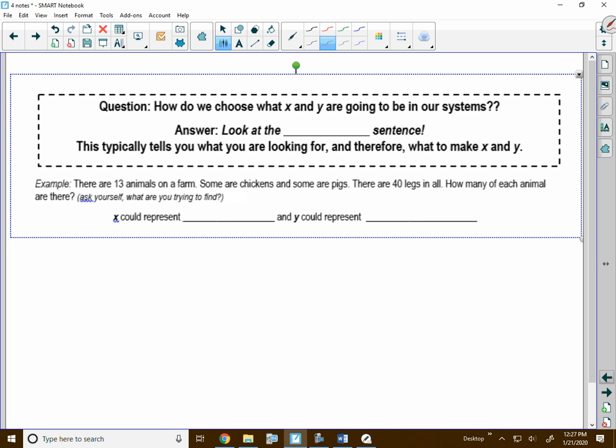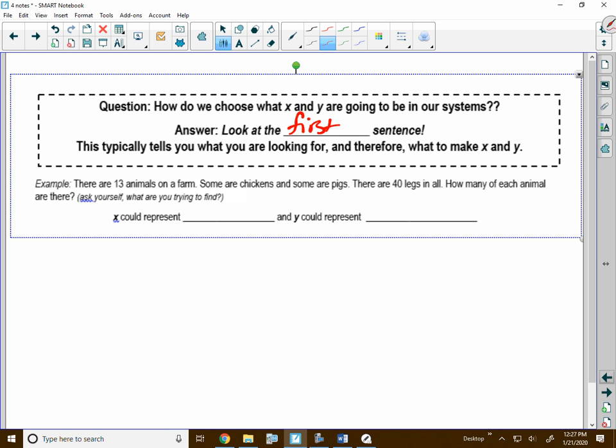Before we get there, I want to talk about how we locate what variables we're working with. Always look at the first sentence. The first sentence is going to lay out for you what the variables are. It may not explicitly say that, but it's going to give you 2 different items to work with. So let's do an example.